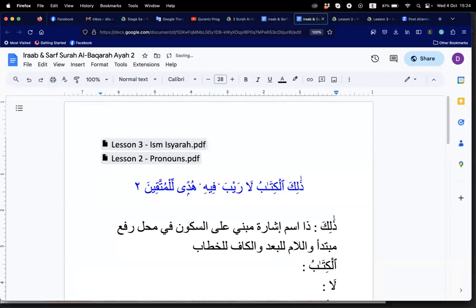Okay. Good. Sister Hamisa, Al-Kitabu. Al-Kitabu is badal. Should I say marfu' bid-damma? Yes. Okay, badal to what? Badal to mubtada'. To the ism isharah, you mean? Dhalika, yes. So what do we say? Badal min ism isharah.